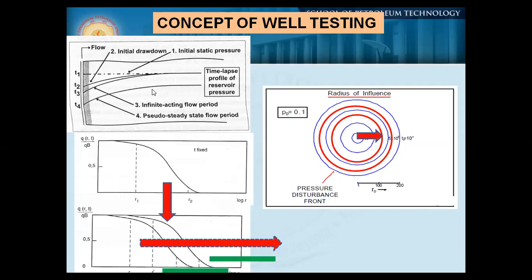So if the Q supply, which we are producing at the well head, is not supplied properly by your compressible zone, then your pressure will decrease, because P is proportional to Q. If not supplied, then your drop should be more to give you that much flow. So that's why the pressure will be decreasing, and if supply is more, then your pressure will be increasing.